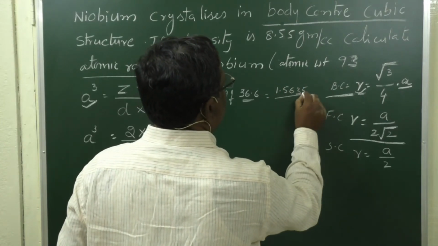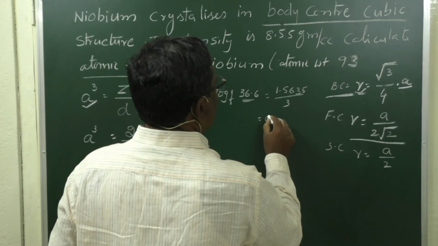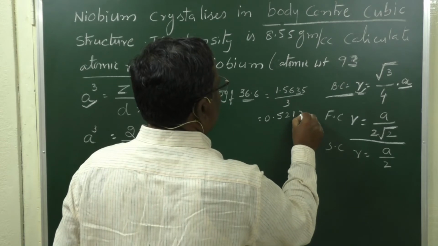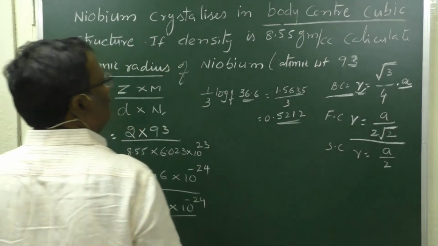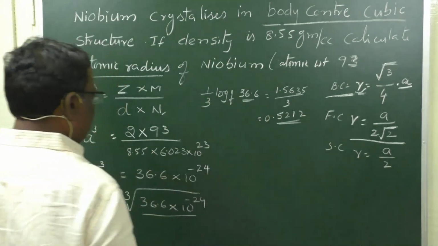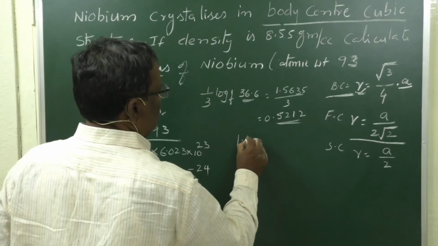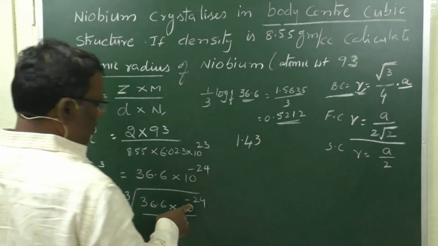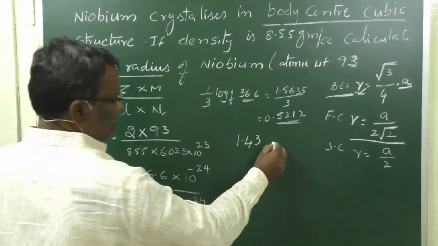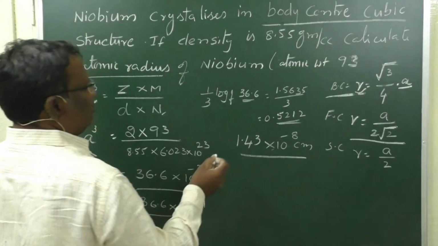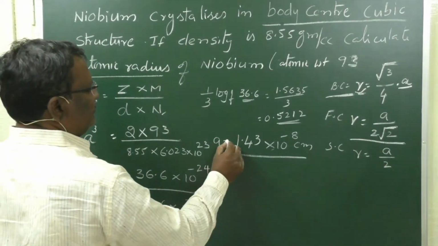Dividing 1.5635 by 3, it will be 0.5212. The antilog of this will be 1.43, and the cube root of 10^-24 is 10^-8 centimeters. So, this is the A value.